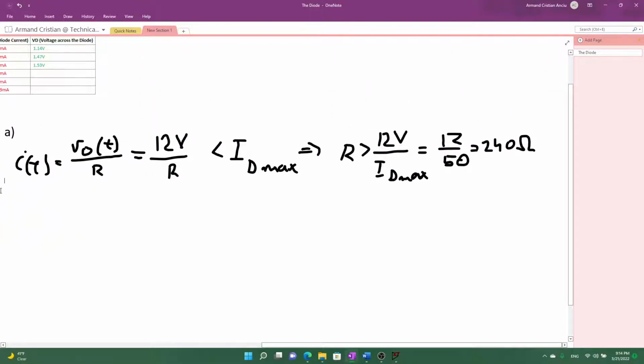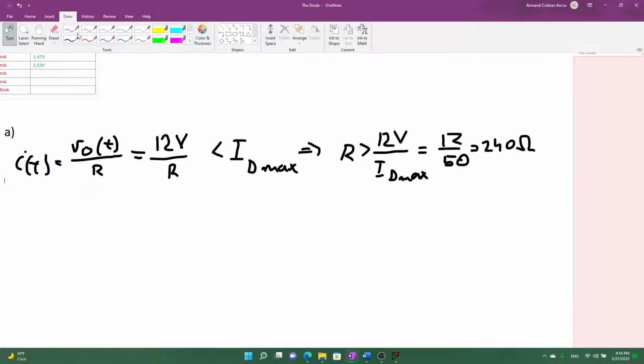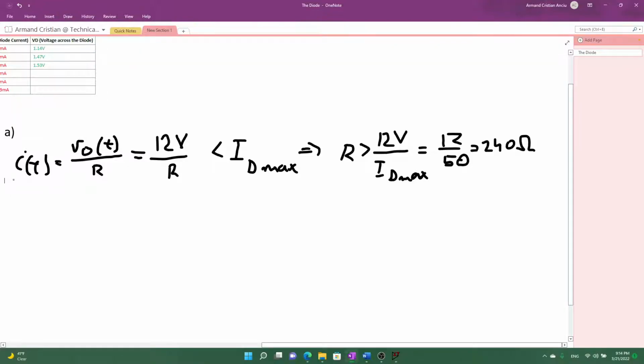So in terms of current, we can write the current as being the ratio between the output voltage and the resistor. Again, this comes from none other than Ohm's law.